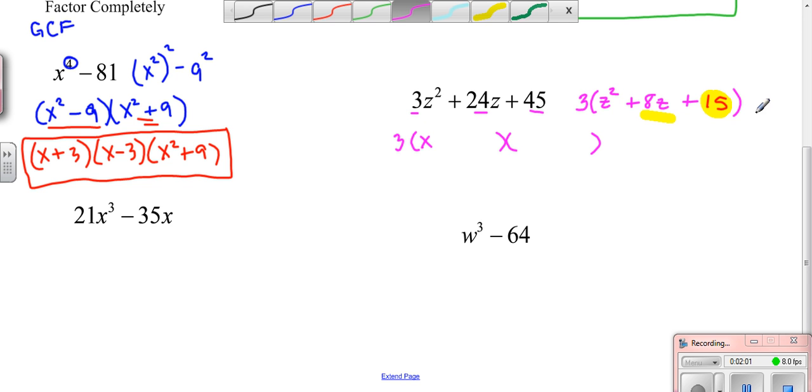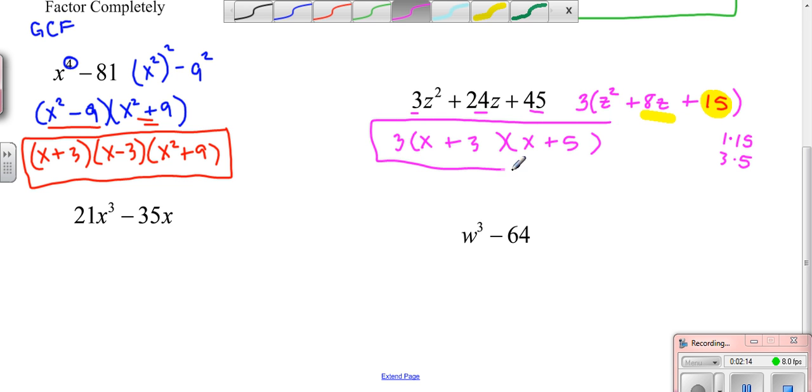Well, clearly, if you make your list, 1 times 15 and 3 times 5, you see it has to be plus 3 and plus 5. Now, the order of those two doesn't matter. So that's a nice, easy one.